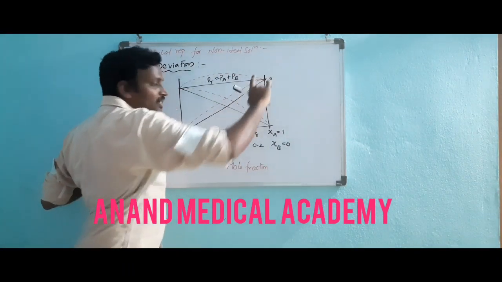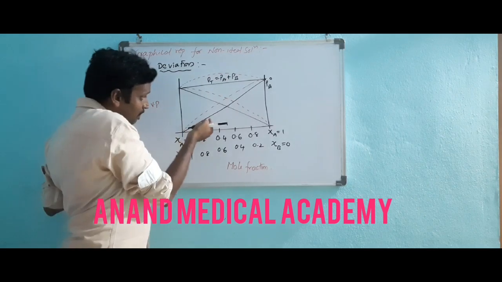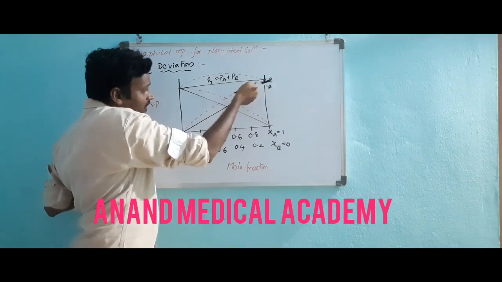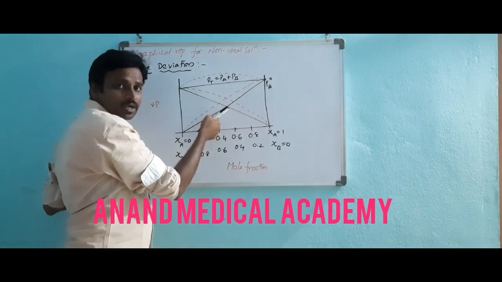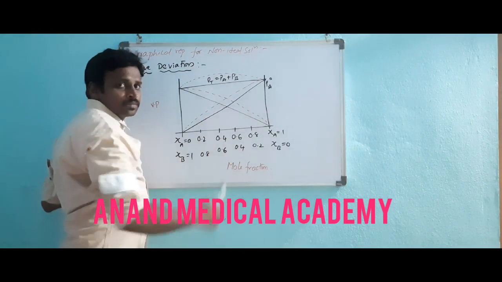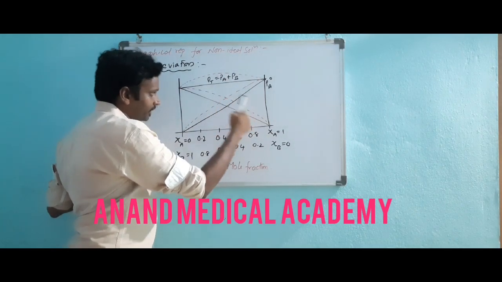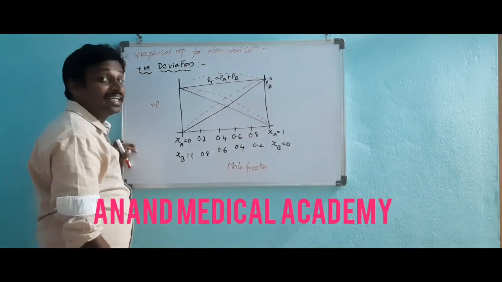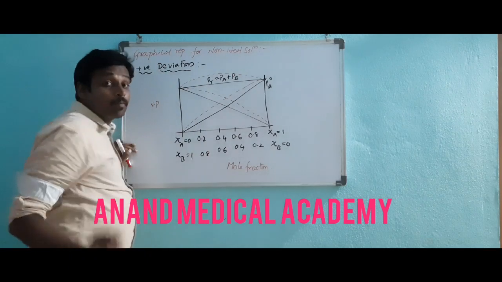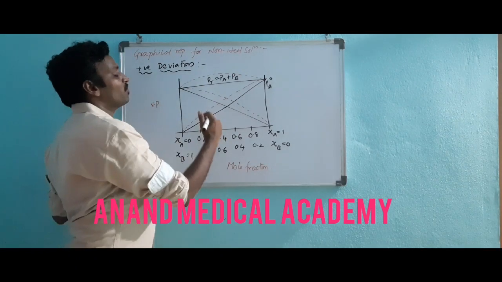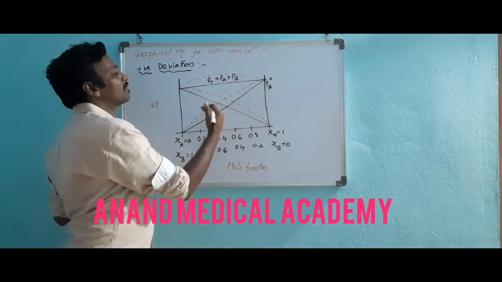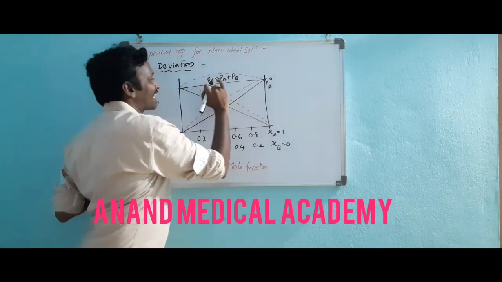The straight line is for ideal. I am repeating: this black straight line indicates the ideal solution. This red curve indicates they are showing positive deviations, because vapor pressure will be somewhat more than expected.